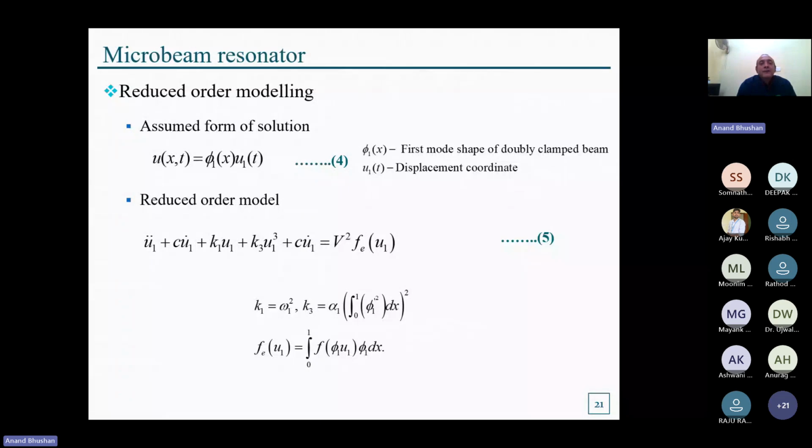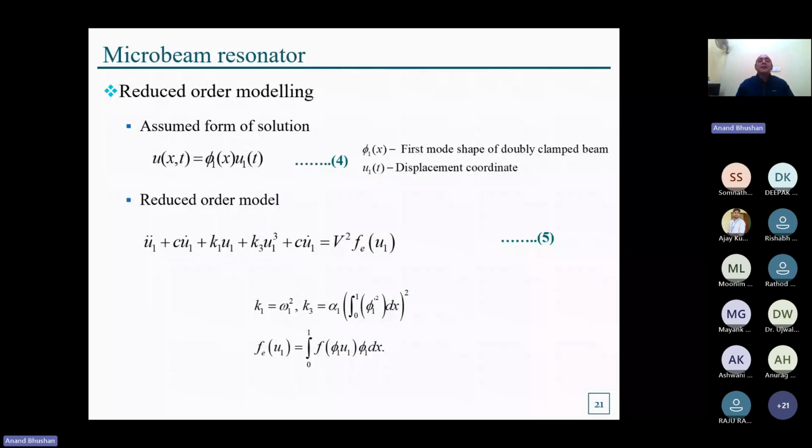So effectively, this equation 4 we need to substitute in our governing partial differential equation, and after that we multiply the governing partial differential equation again with phi1(x) and integrate the whole system from x equal to 0 to 1. Due to this, we finally eliminate the phi1(x) term and end up with just the U1(t) term.